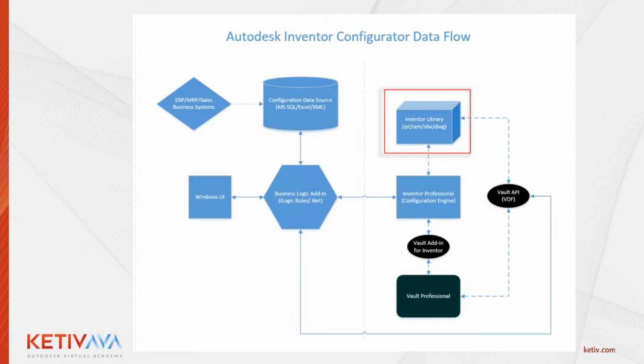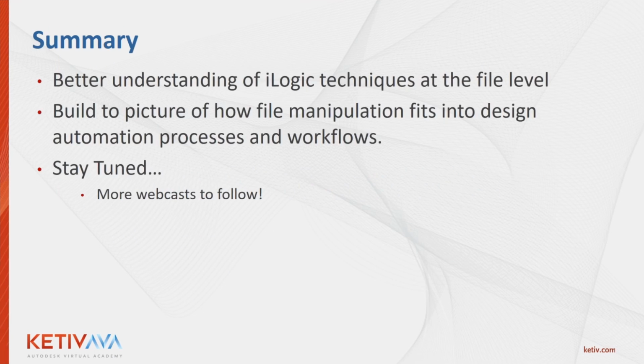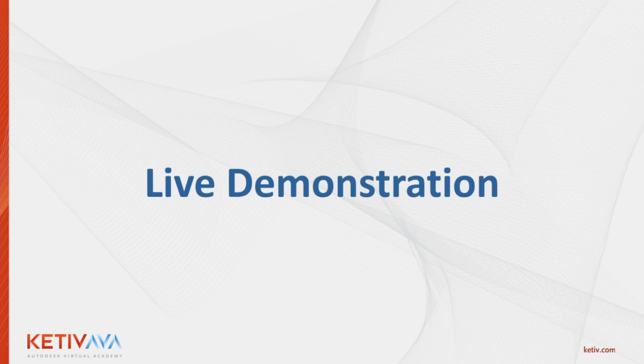We need to worry about file name, file path, utilizing templates to build good models, having a very solid file naming convention, something that's consistent and makes sense, and then of course level of detail, and that mostly has to do with performance and efficiency with working with your models and your design automation.